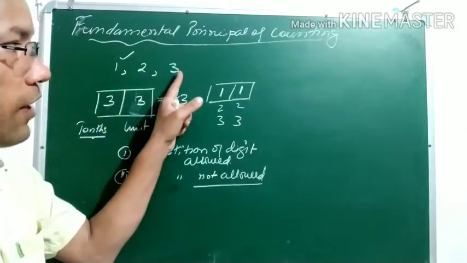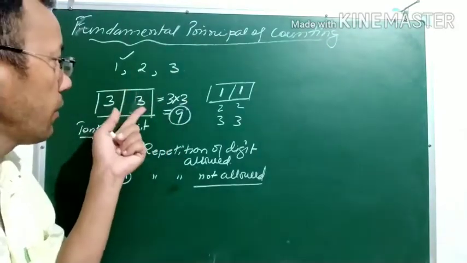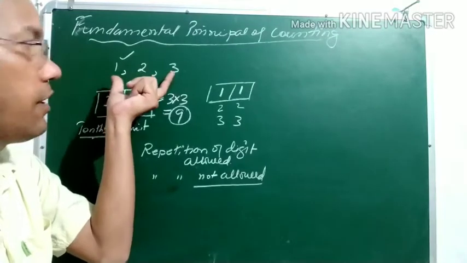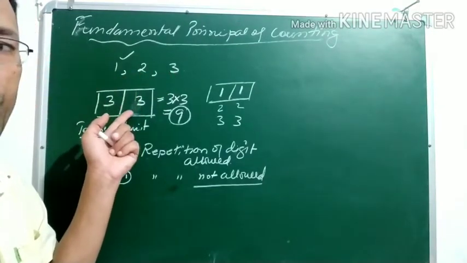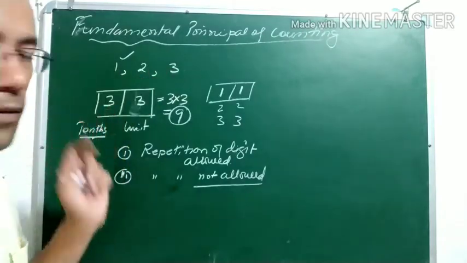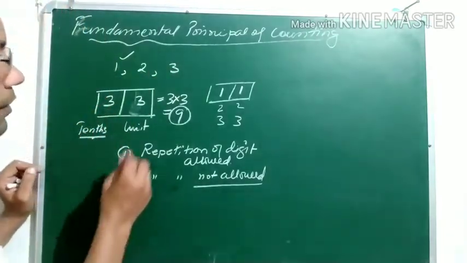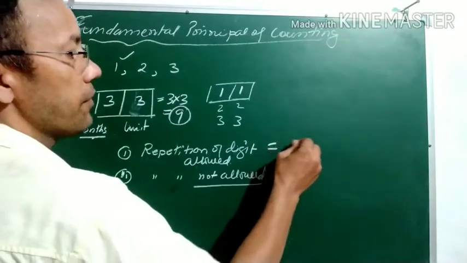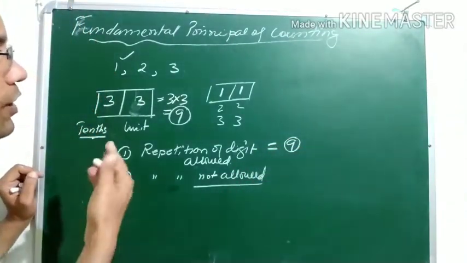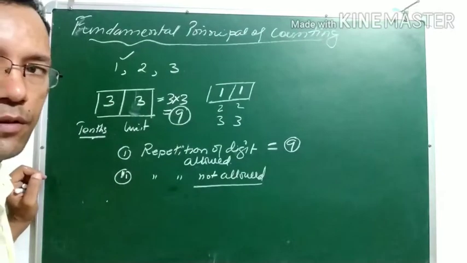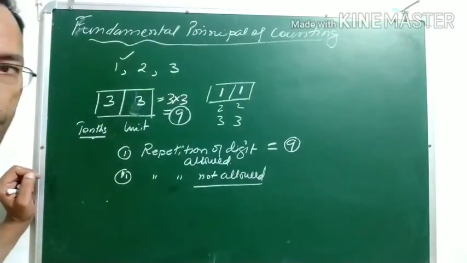This 3 is the digits, 3 digits, and for the remaining place, if I put 1, again 3 digits. Repetition is allowed, so 9 numbers can be formed. You can check with 1, 2, 3. These are very simple examples.